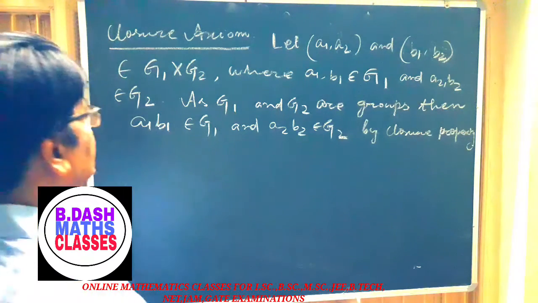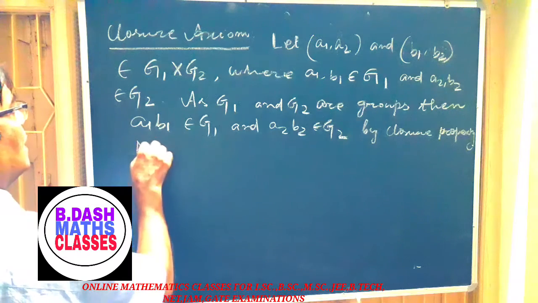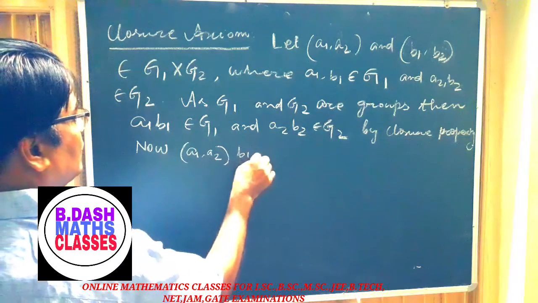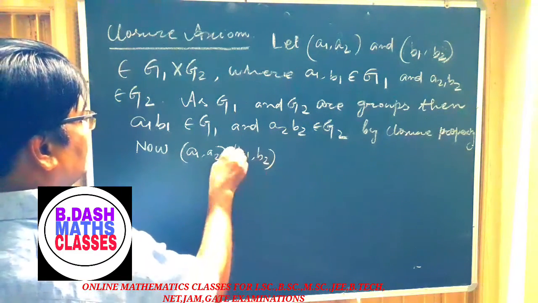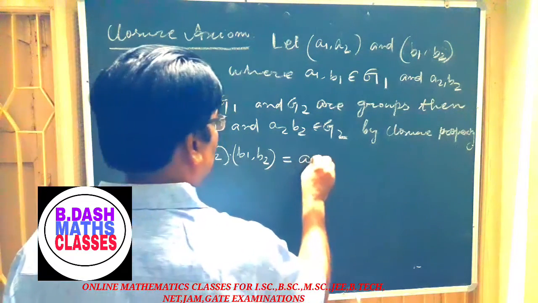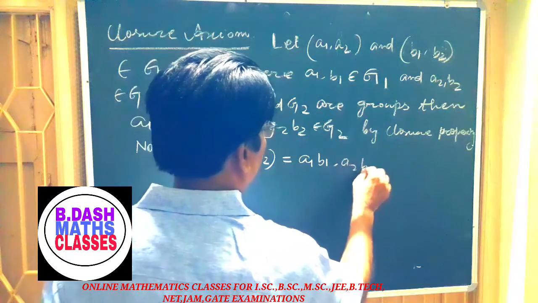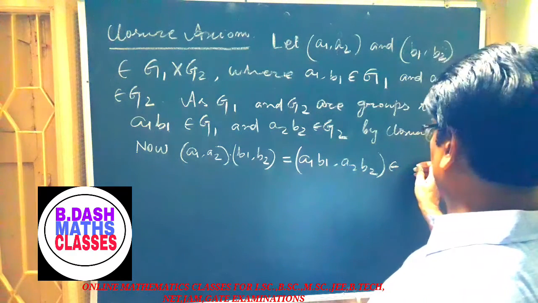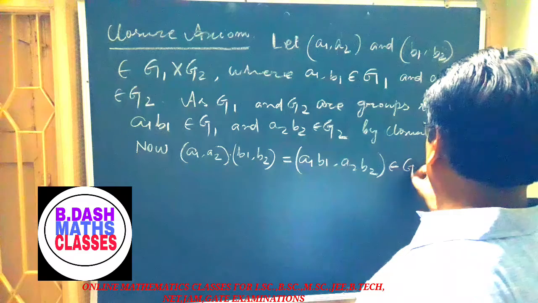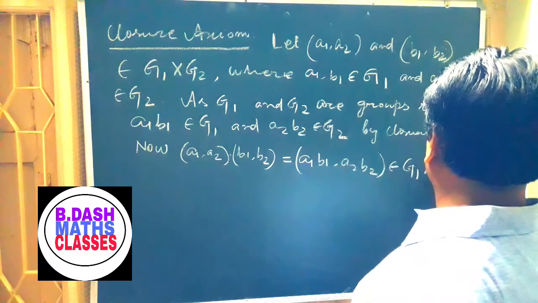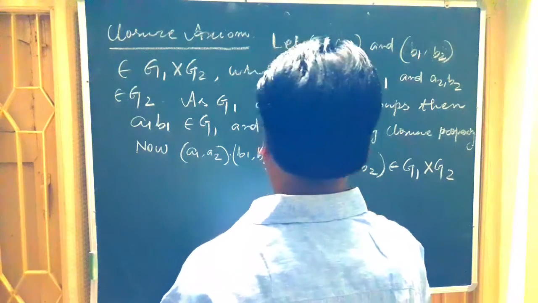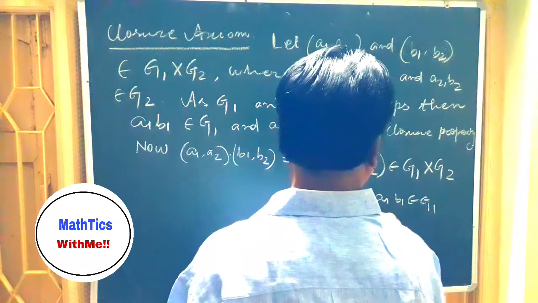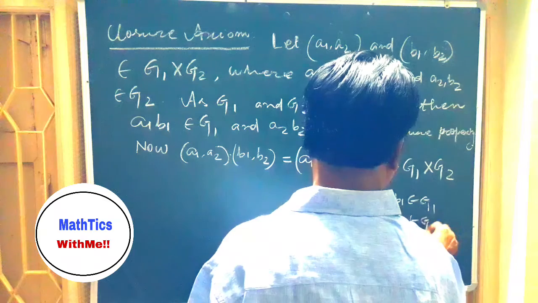Now let us take the product. (a1, a2)(b1, b2) equals (a1 b1, a2 b2), which belongs to G1 cross G2, as a1 b1 belongs to G1 and a2 b2 belongs to G2.